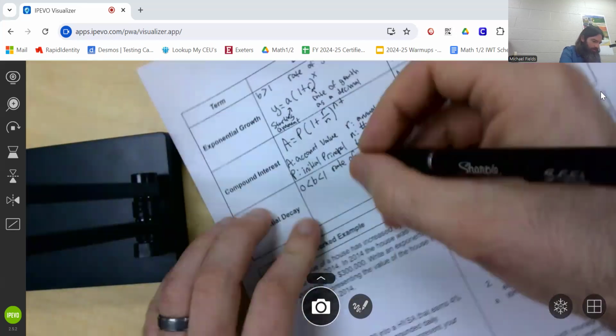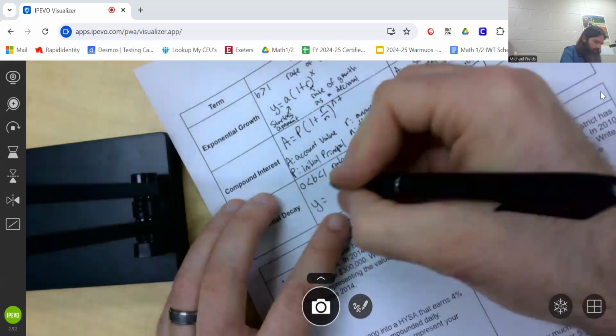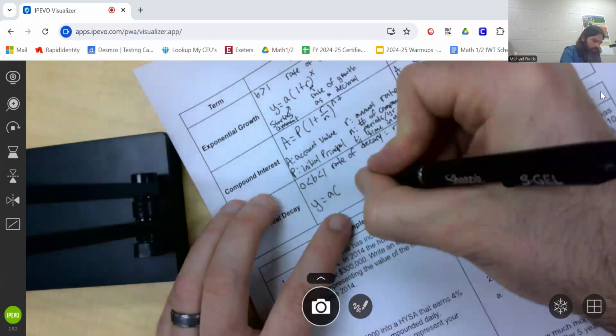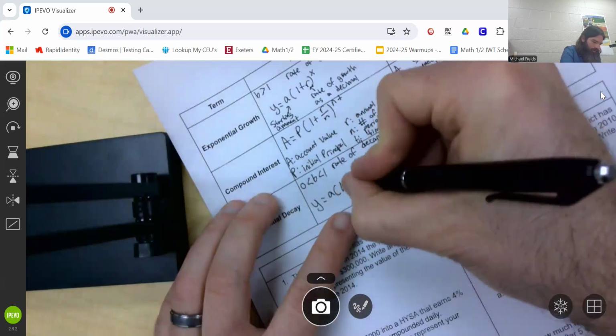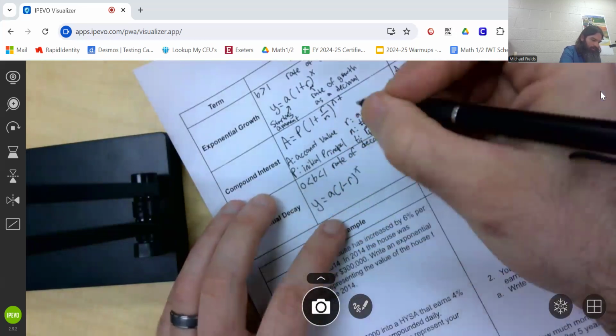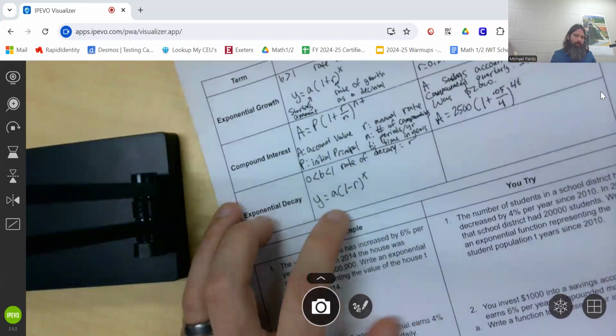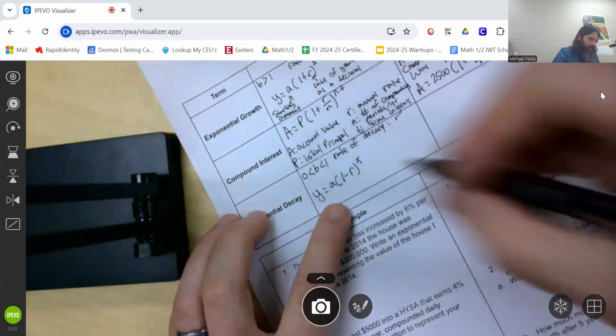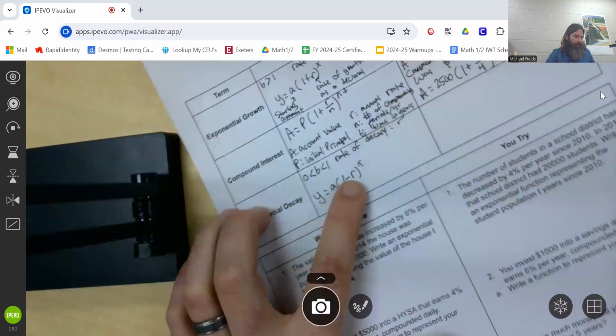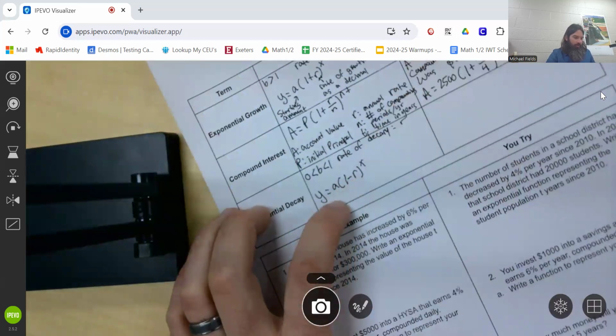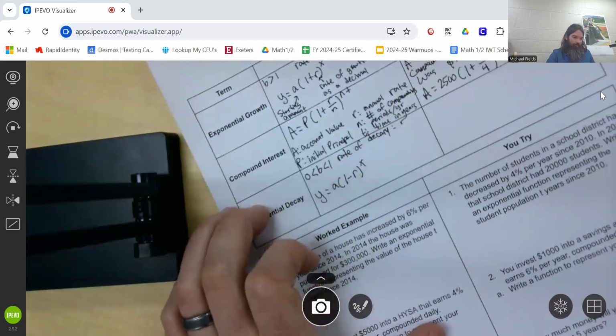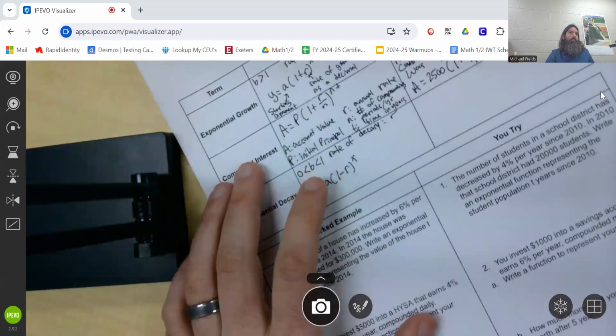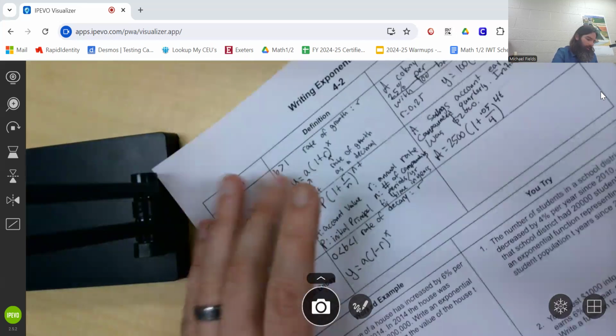But with exponential decay, we're not going to be adding that to 1. We're going to be subtracting it from 1. And that's going to get us between 0 and 1. So again, A is our starting value, R is our rate of decay written as a decimal, and it's raised to the x power.